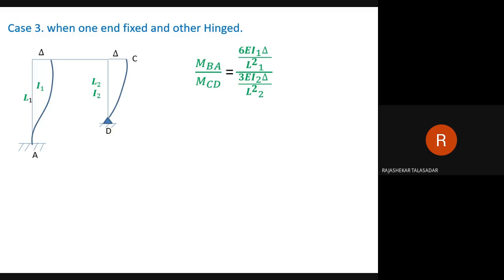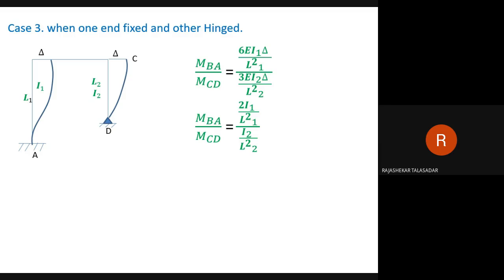So it will become 2 I1 by L1 square divided by I2 by L2 square, isn't it? Because it is 6 and 3. Earlier, it was I1 by L1 square divided by I2 by L2 square. Now this is 6, this is 3. So 6 by 3 will be 2. It is 2 I1 by L1 square over I2 by L2 square because E cancels, delta cancels. Is this clear?